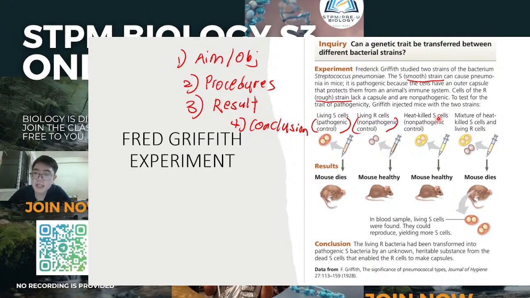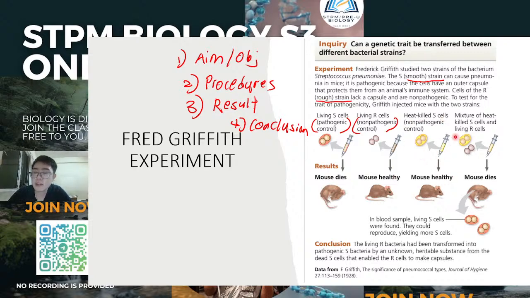So for this injection, the S cell is already dead. Although it is pathogenic, it already died. So it also acts as non-pathogenic. So when we inject these killed S cells into the mouse, it will survive. It will not die.